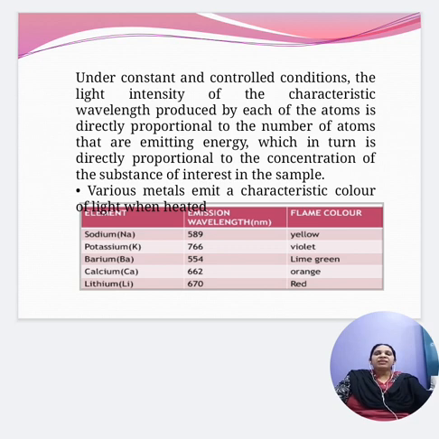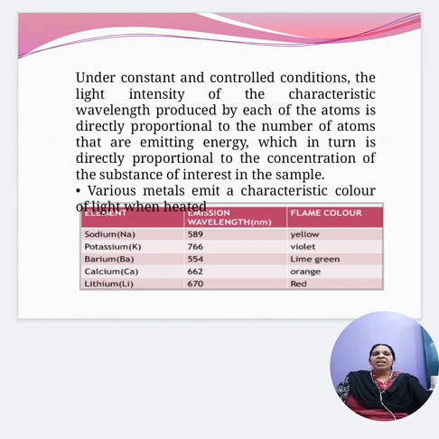So these are the 5 basic elements most commonly identified using flame photometry, because the colors of these elements are very specific. Even other elements can be identified, but these are the most commonly used.